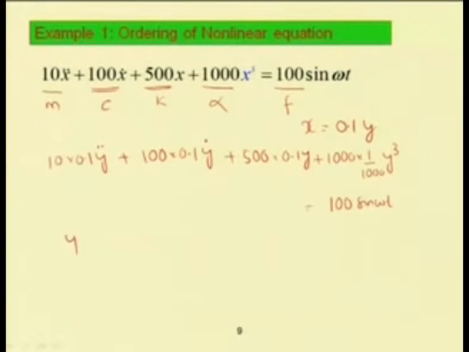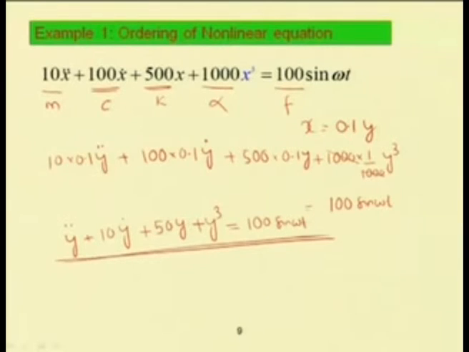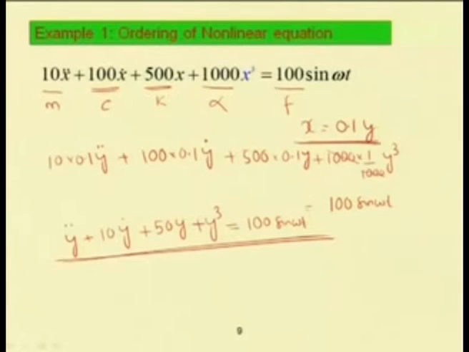Now this becomes y double dot plus 10 y dot, so the damping term is reduced, plus 50 y, so the stiffness term is also reduced from 500 to 50, plus y cube. You can check that the nonlinear term has been reduced by a large amount, so the coefficient is 1 now, equal to 100 sin omega t. So we have reduced the coefficient of the nonlinear term by using the scaling parameter x equal to 0.1 y.